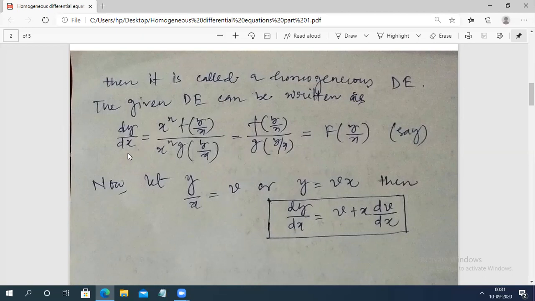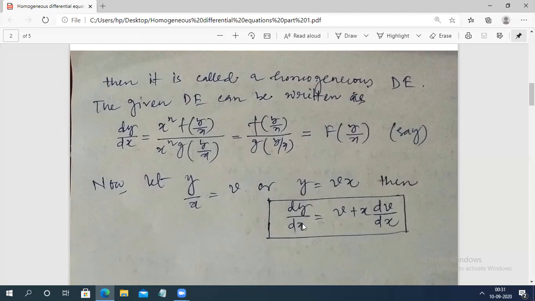If it is dy by dx, then you will assume y by x is equal to v. But if it is dx by dy, then you have to assume x by y is equal to v, where v is your variable. Now here if y by x is equal to v, that means y is equal to vx. Now differentiate y with respect to x.